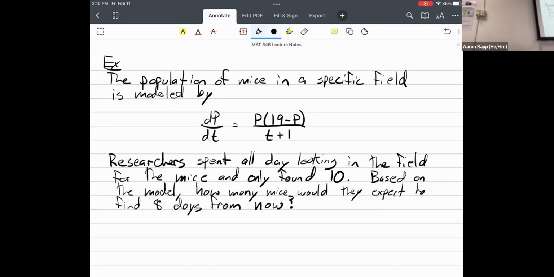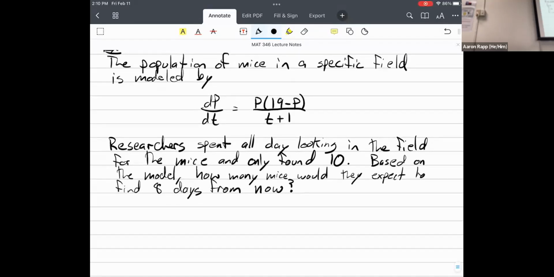So I have my model, i.e. the differential equation. Not only do I have my differential equation, I also have an initial condition, making it an initial value problem. So the IVP is dP/dt equals P times 19 minus P over T plus 1.